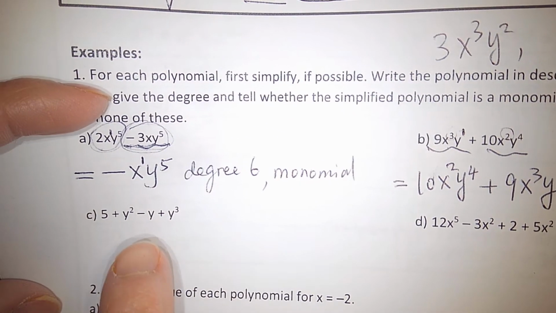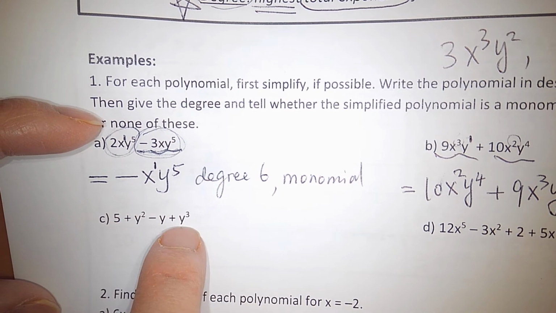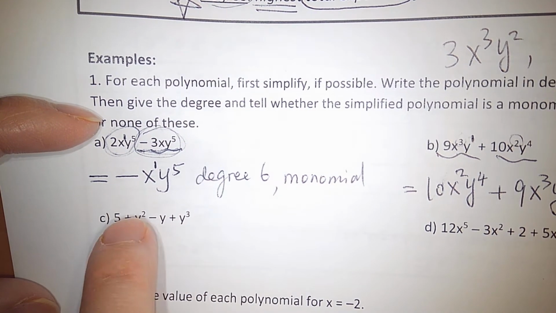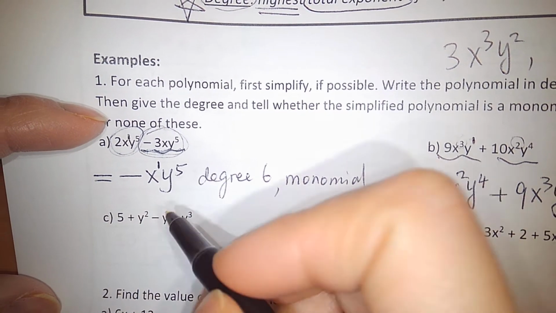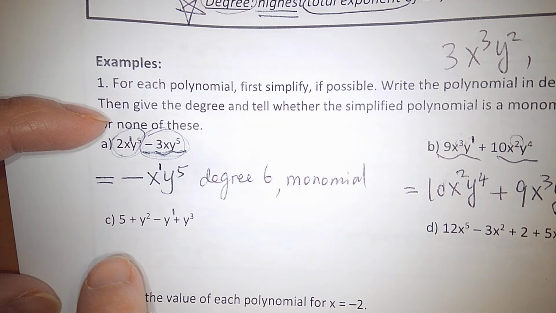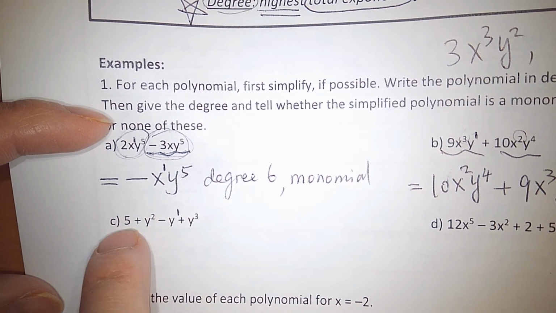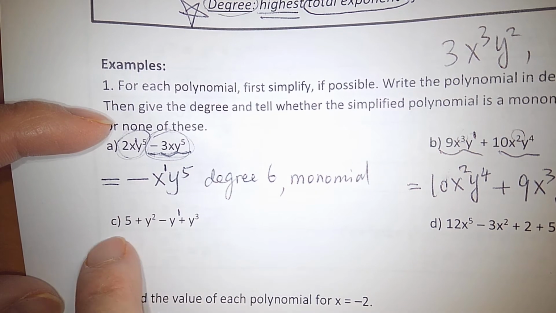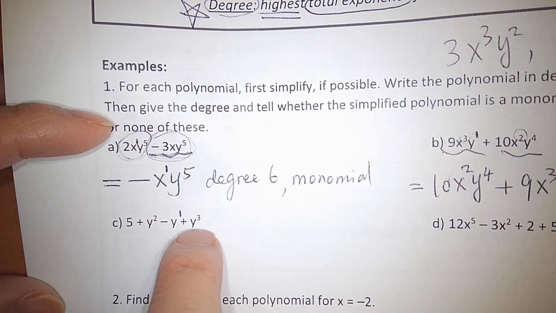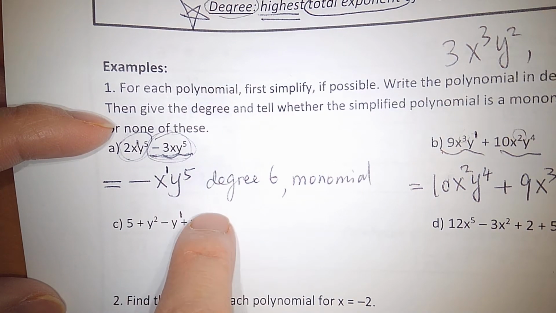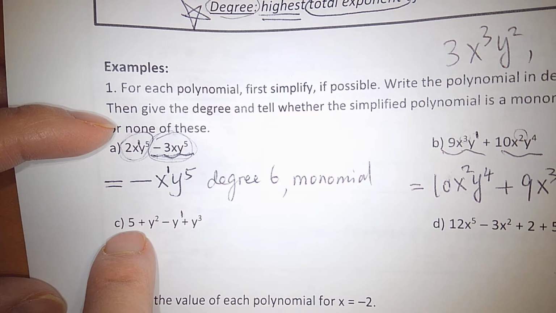Alright, now let's look at question C. We have 1, 2, 3, 4 terms. Are any two or three of them like terms? Constant, y to the square, y to the first power, y to the cube. Do you have any like terms? No. Okay, we're not combining them. So which term has the highest degree? Y to the cube. The constant will have degree 0.